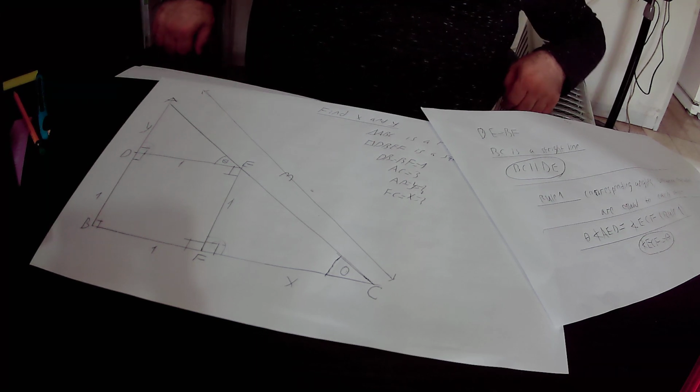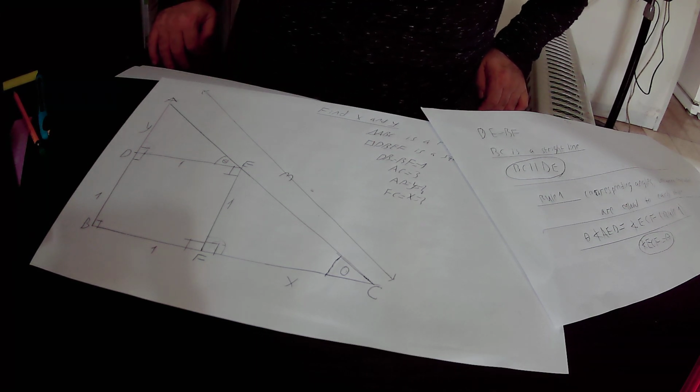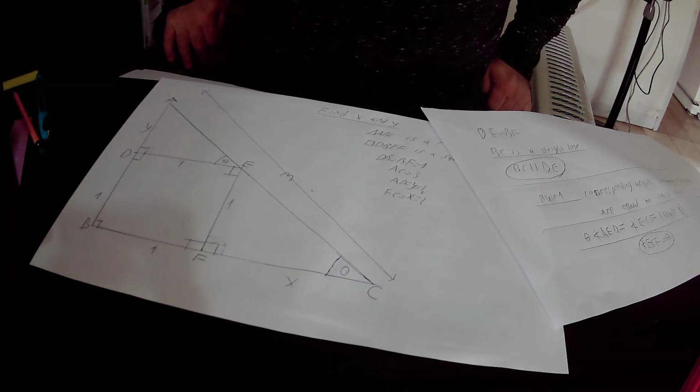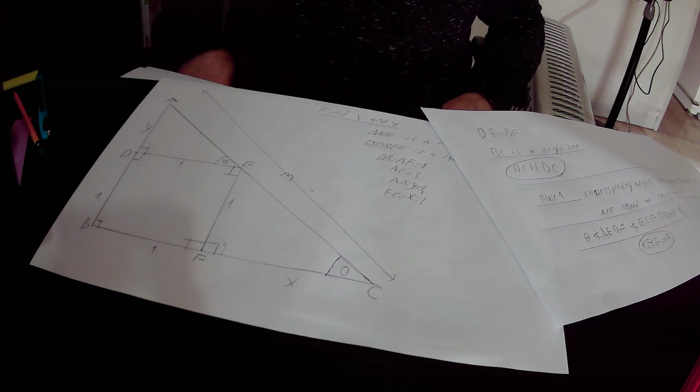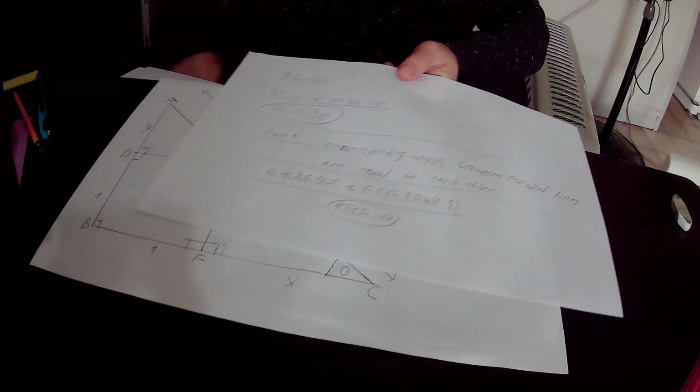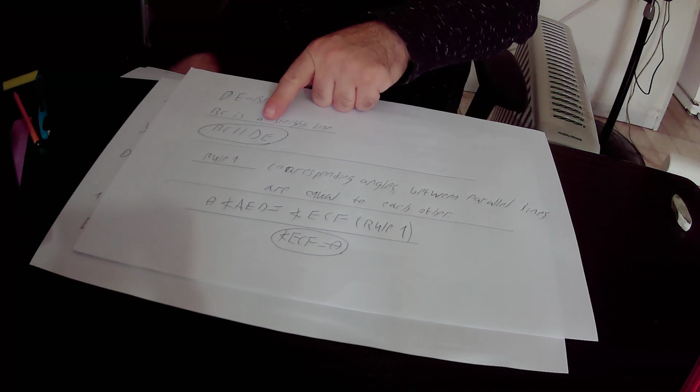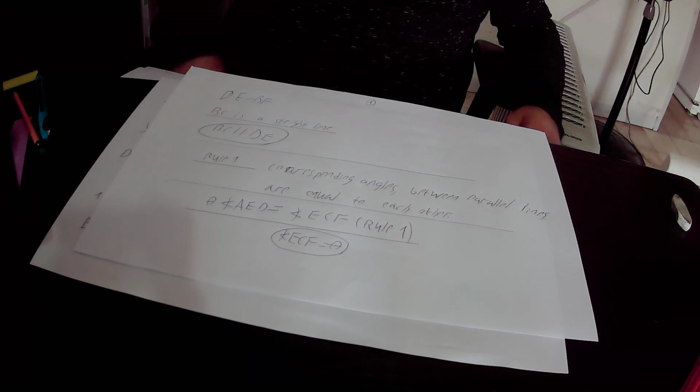Okay? I repeat again. If part of a straight line is parallel to another straight line, then the straight line itself must also be parallel to that straight line. Therefore, we conclude that BC is also parallel to DE.